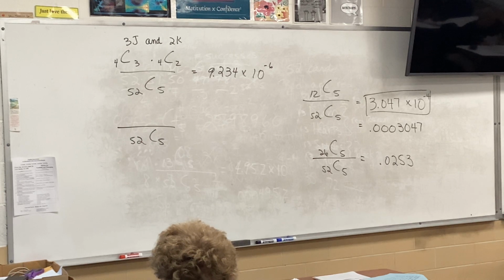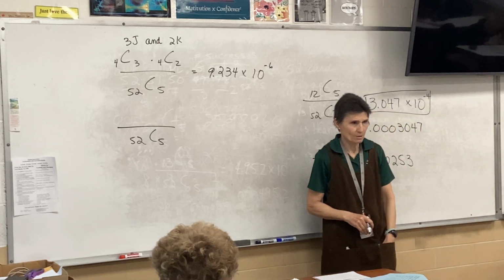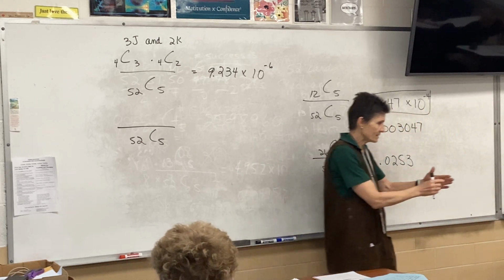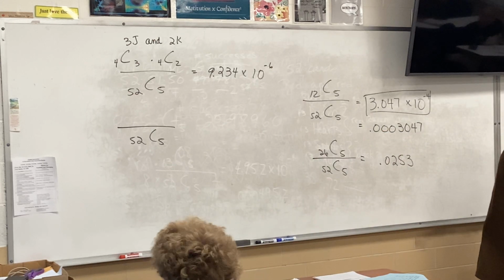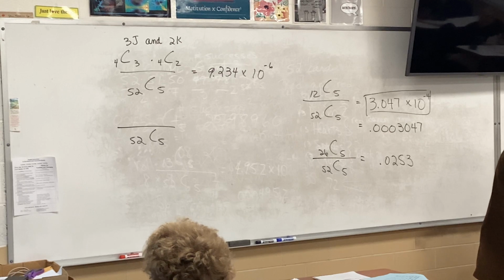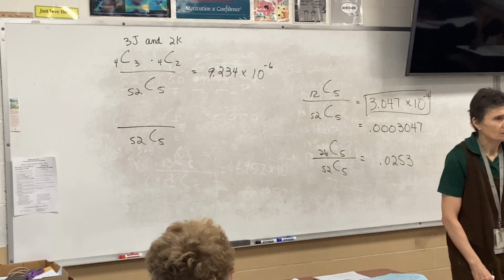Alright, so now what's my numerator? My numerator is no face cards. So think about the deck. Here's all 52. I'm going to sort out all the face cards into one pile and everything else in another pile. How many face cards did we say there were? 12.